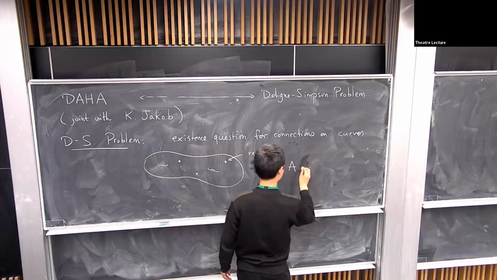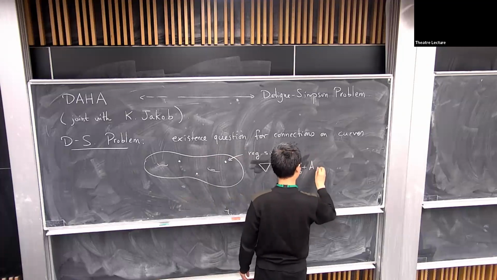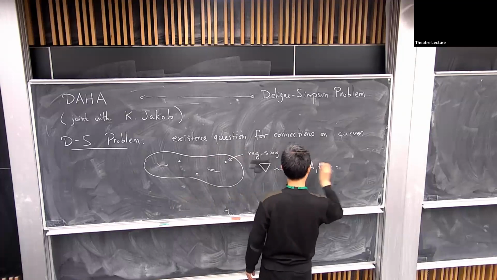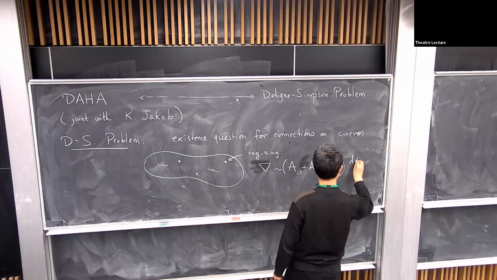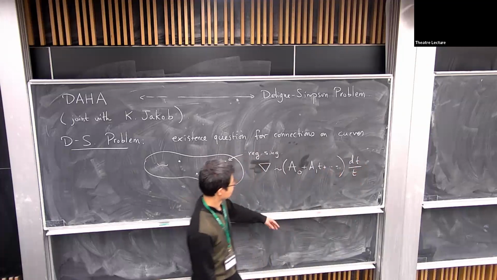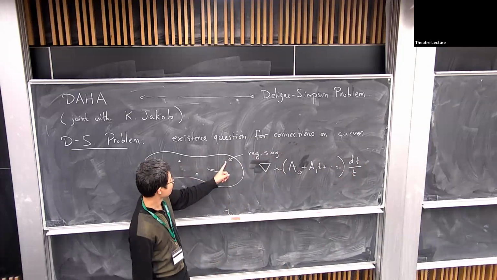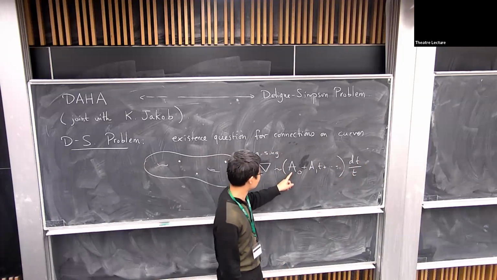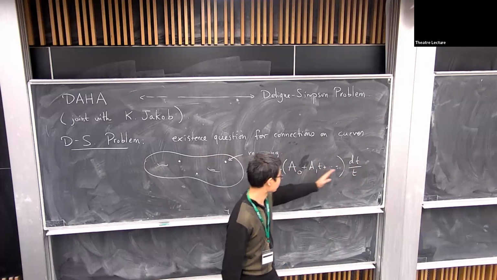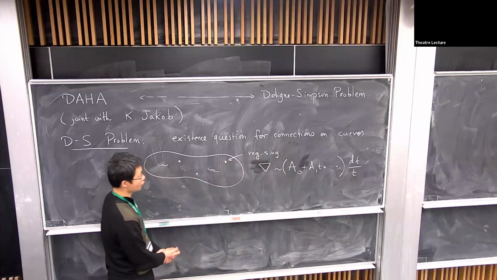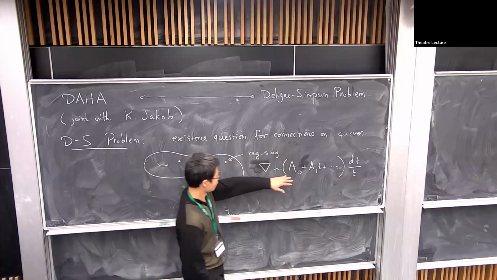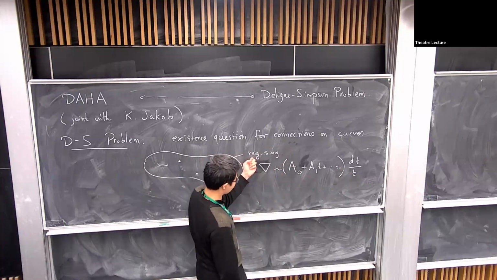Okay, some expansion like this times dt over t. Here t is the local parameter at this point of your Riemann surface, and this connection form has only a first order pole. So that's the regular singularity case.